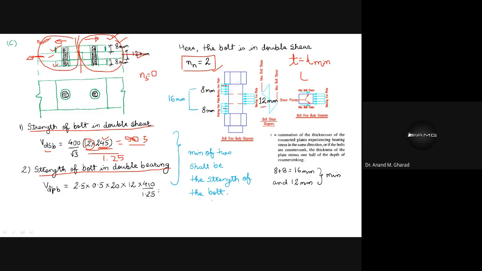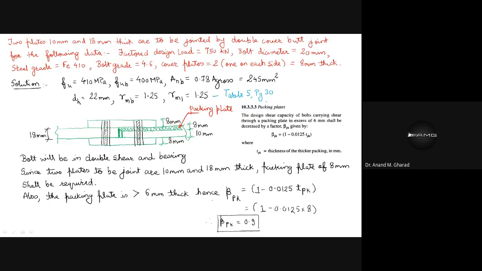We should allow the capacity of the bolt to be good in bearing. In shearing it is fine, even if it fails there is no problem. It should reach shearing, okay? So, next. Now, at the beginning of this, I will be explaining this numerical.